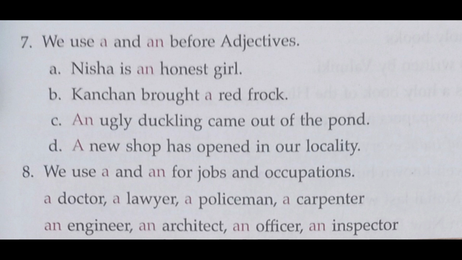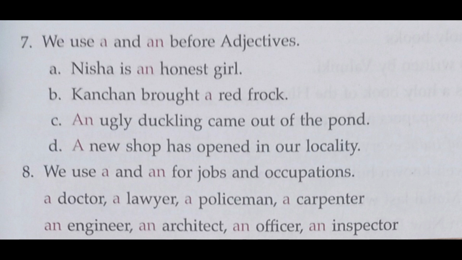An ugly duckling came out of the pond. Here ugly is an adjective, so we have used the article an. When we say a new shop has opened in our locality, new is an adjective. That's why we have used the article a.